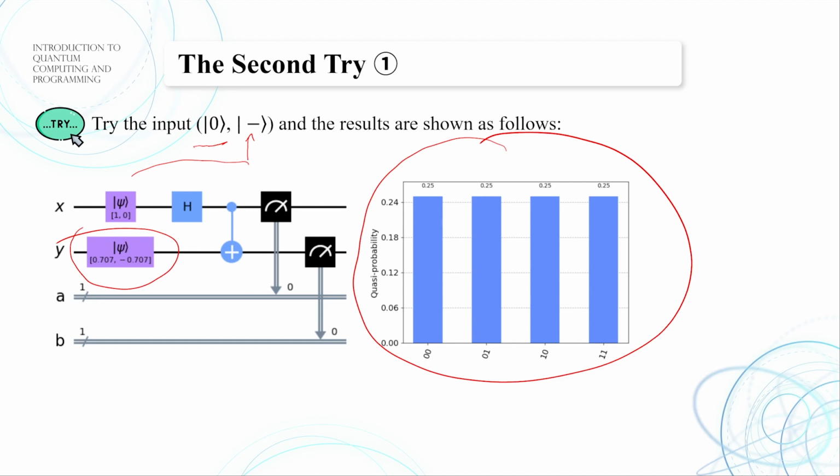In total, we have 4 possible states: 0 0, 0 1, 1 0, and 1 1.